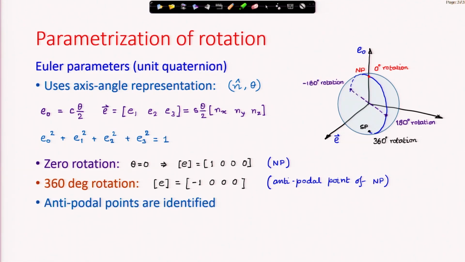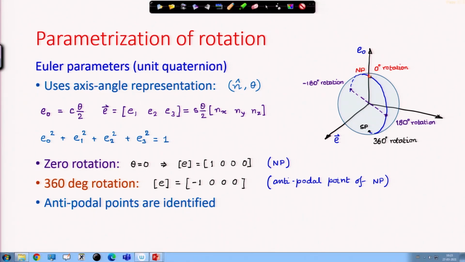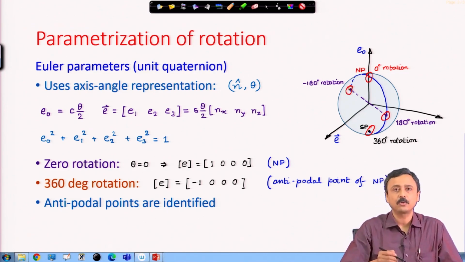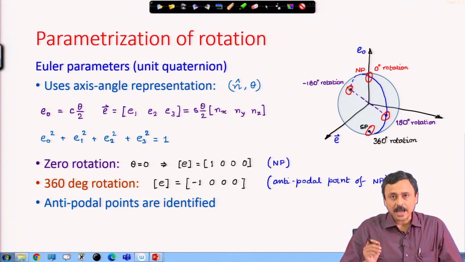Now, because 0-degree rotation and 360-degree rotation are absolutely the same orientation, these 2 points are identified. This point and this point represent the same orientation, and similarly plus 180-degree rotation and minus 180-degree rotation, again diametrically opposite points, antipodal points, are also identified. Therefore, antipodal points represent the same orientation.